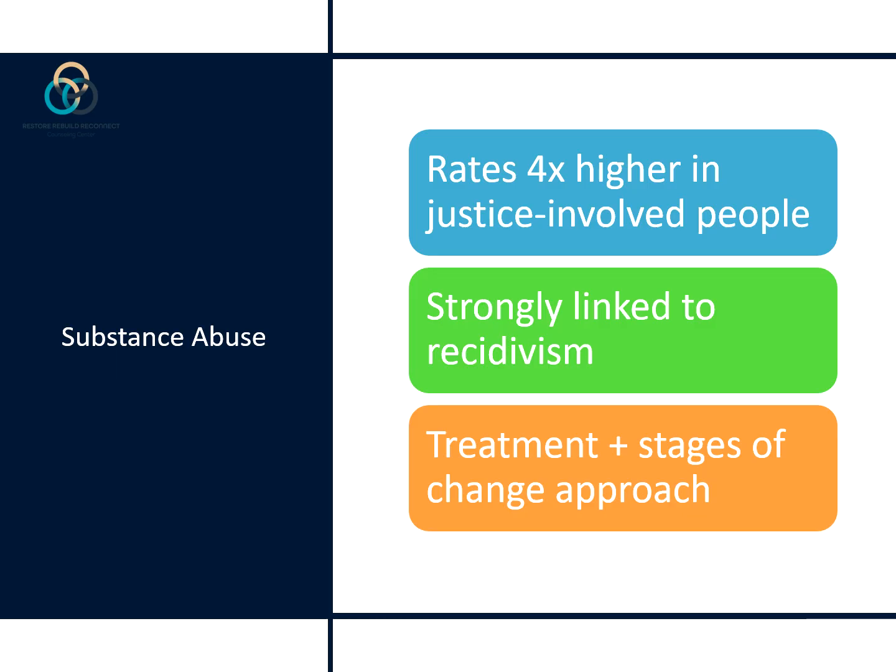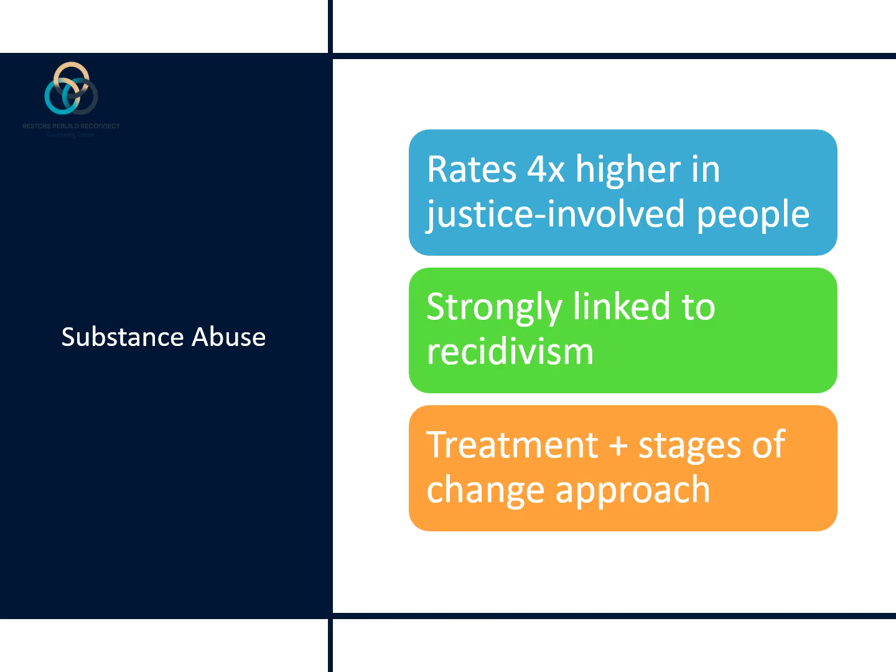The next stage is called contemplation. This is where they are thinking about the pros and cons of their behavior and seeing that, hey, it might be an issue. Once they decide that this is a problem and it needs to be changed, they move into the preparation stage, where they are preparing to make the change.